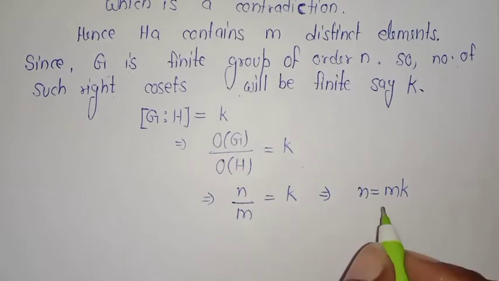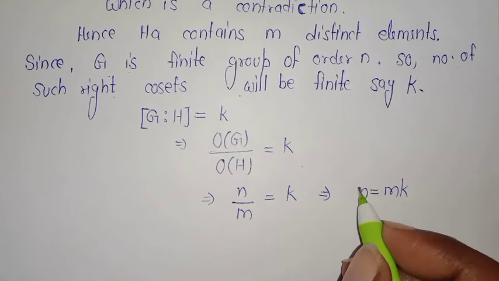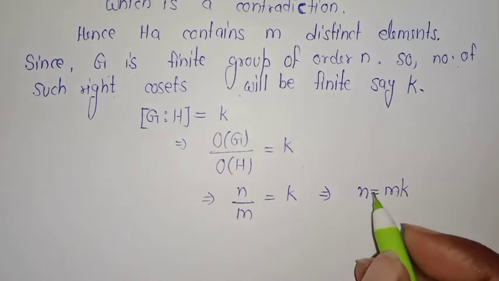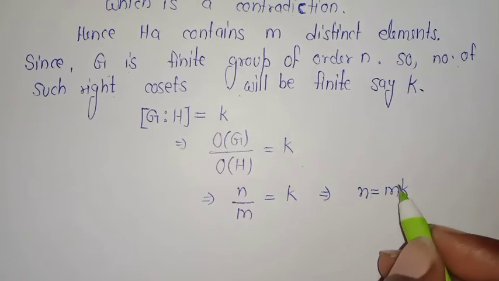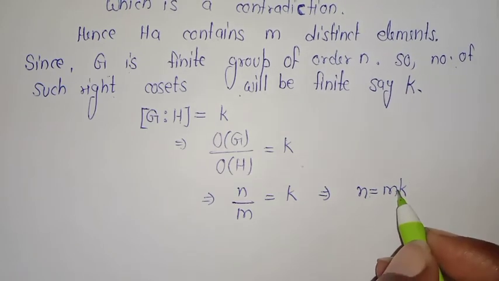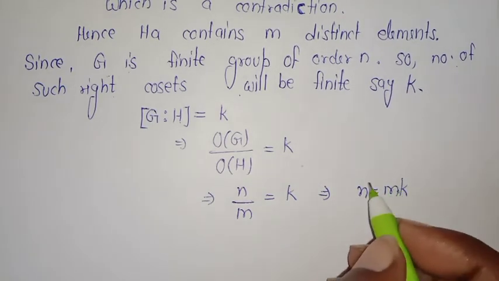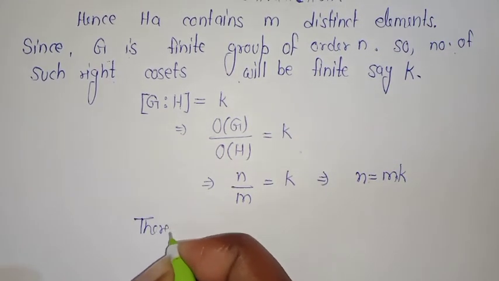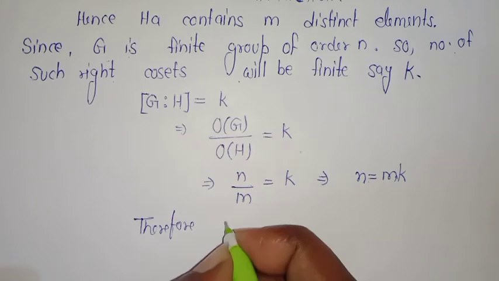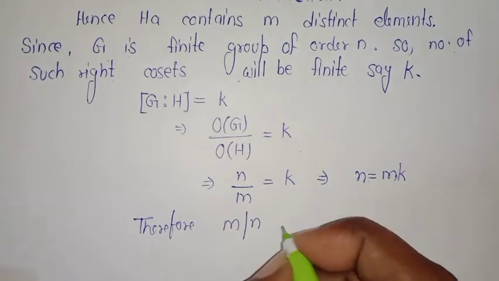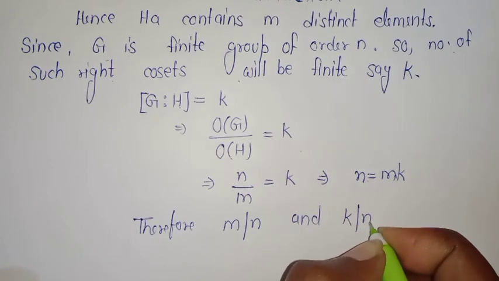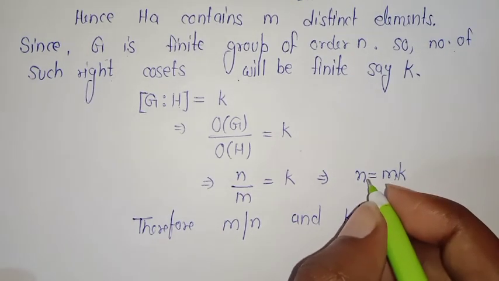From here, what can we conclude? That the order of the group is k times the order of the subgroup. It means that the order of the subgroup divides the order of the group. Therefore m divides n and k divides n. So either k divides n or m divides n.